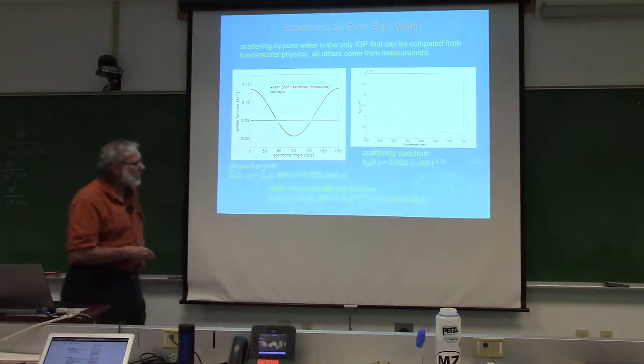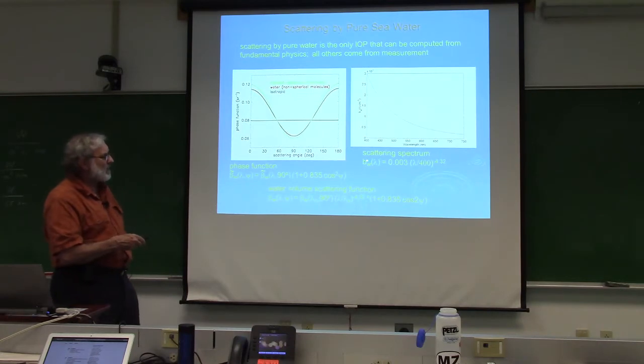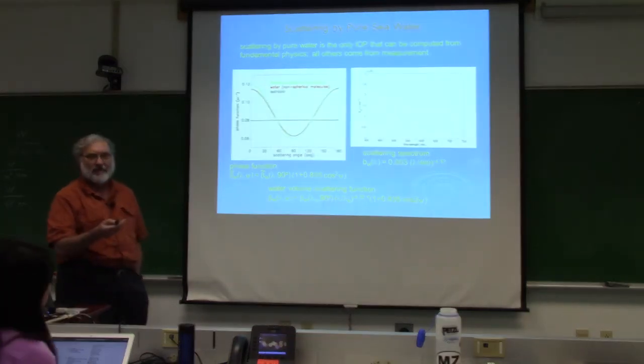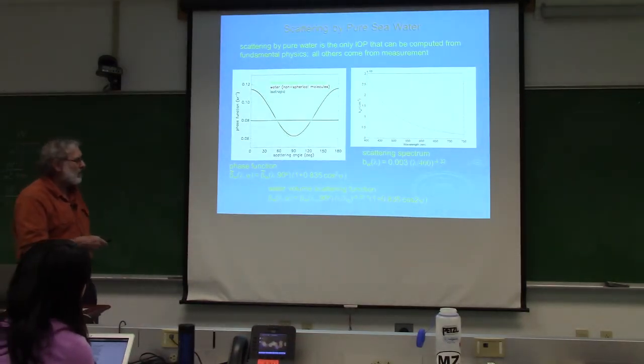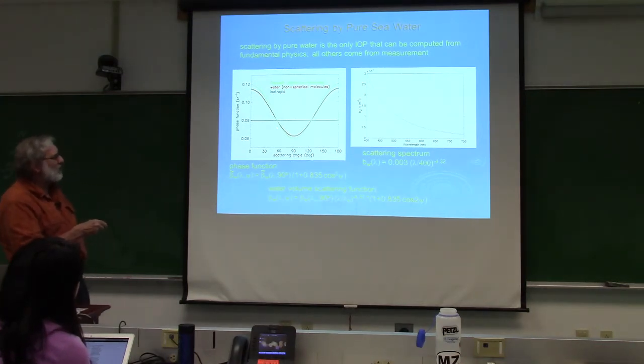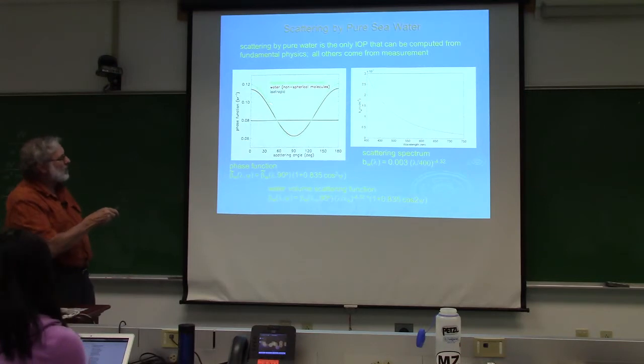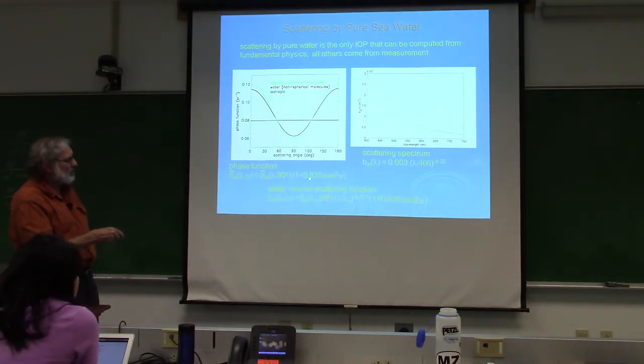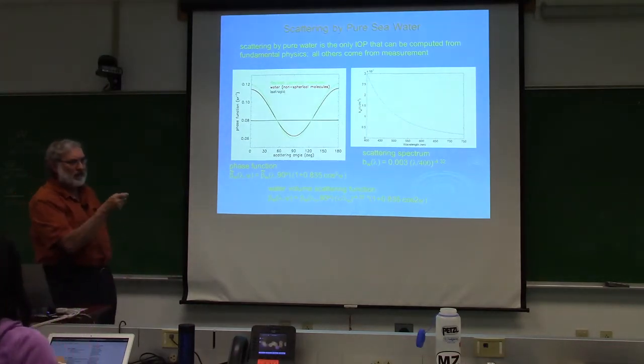So the scattering spectrum for pure water is a curve like this that basically depends on lambda to the -4.3 roughly. And then there's a phase function where the green curve is 1 plus cosine squared. The water one is really 1 plus 0.8 cosine squared. So a little bit different.